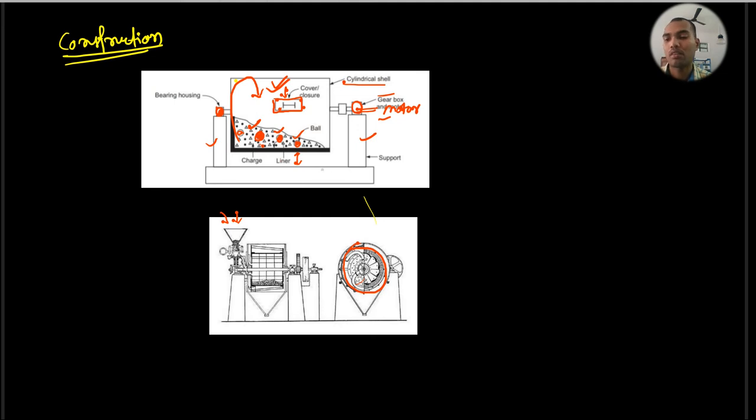Now, this is the construction, as you can see. Now I'll go to the working of it.